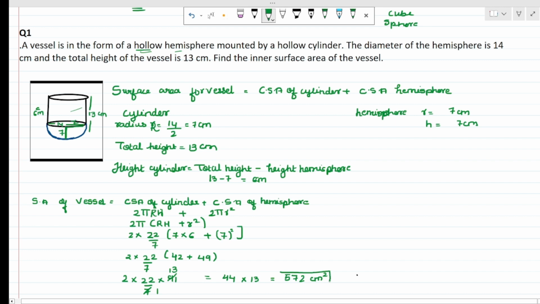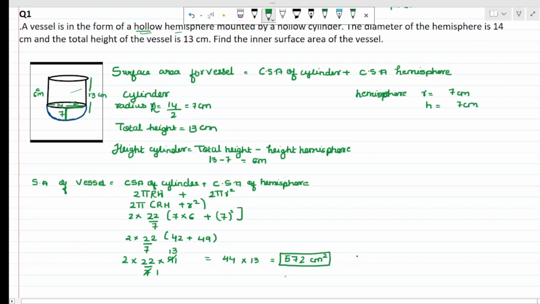Keep this answer in your box. Again, the figure says the hollow hemisphere is mounted on a hollow cylinder. Write down all the information first and substitute the values in the formulas, where curved surface area of cylinder is 2 pi r h, whereas curved surface area of hemisphere is 2 pi r square. Substitute the values and you will get your answer.